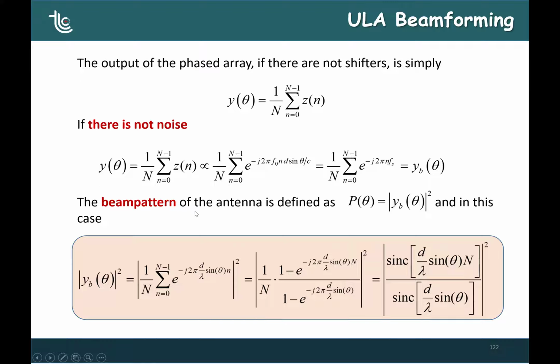The beam pattern of the antenna is defined as the power of the signal, so the modulus squared of F_B of theta. Okay, so let's calculate the power of this signal, and making some easy calculations, we get that the beam pattern has this shape: the sinc function of d over lambda sin theta times n, divided by the sinc of d over lambda sin theta, modulus squared.